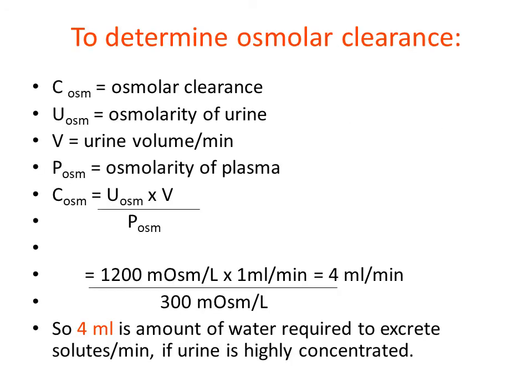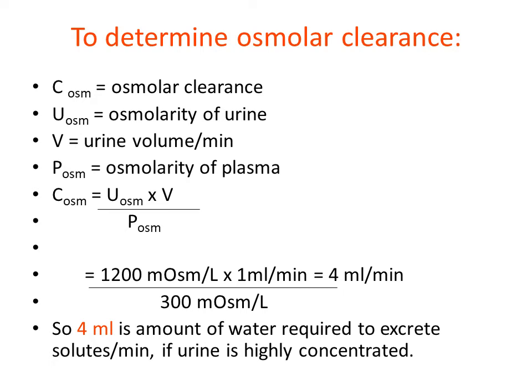In order to determine the osmolar clearance, the formula is the same as the clearance of any other substance, which is clearance equals urinary osmolarity multiplied by the urine volume divided by the plasma osmolarity.